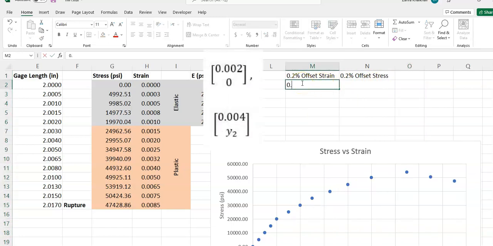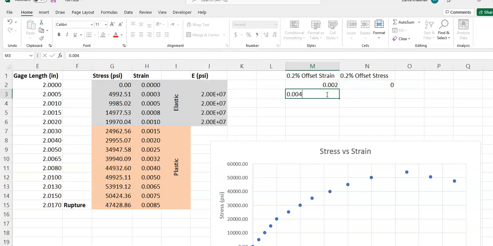So I have 0.002 and 0. This is one of the points. The other point, let's try 0.004.